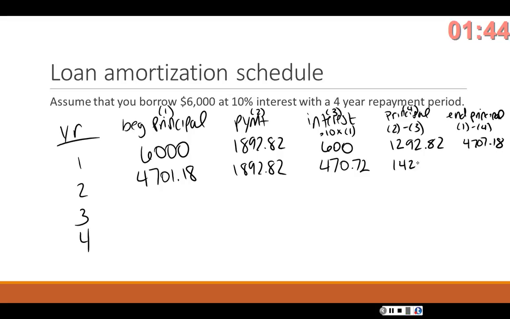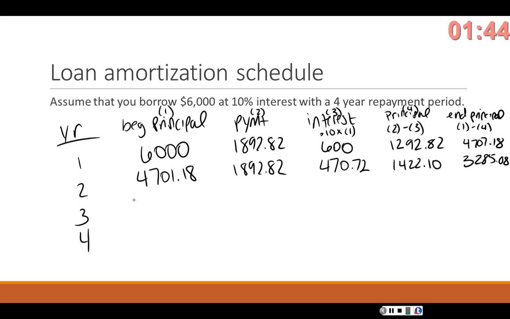So $1,422.10. Our ending principal is our beginning principal minus the amount of the payment that went towards principal. So $4,707.18 minus $1,422.10 leaves you with $3,285.08.